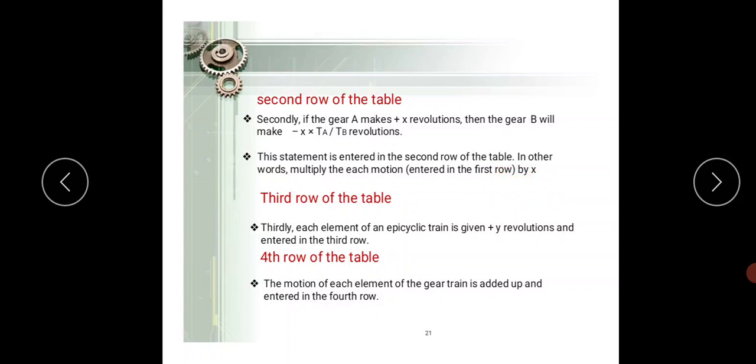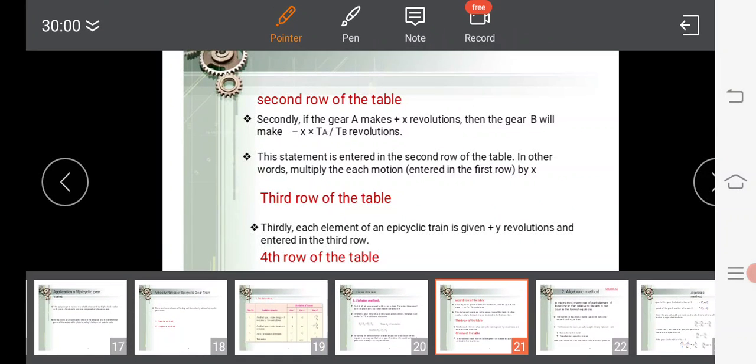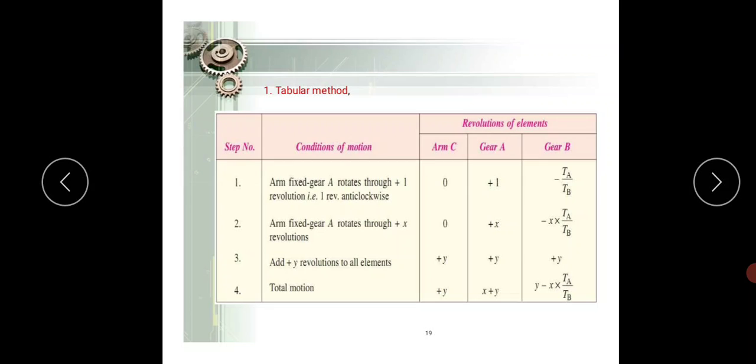The second row is obtained by multiplying the first row by X: 1 into X means X, and minus X into TA divided by TB.